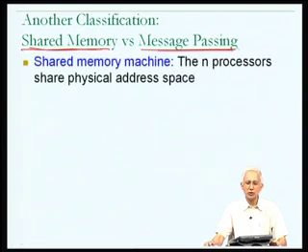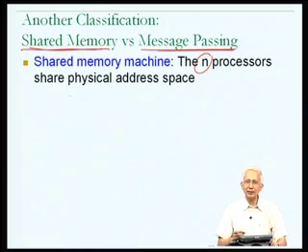So I could talk about shared memory parallel computers or shared memory machines, and the characteristic of a shared memory machine would be that there is more than one processor, I'll call it n processors, but that all the n processors share a physical address space. In other words, they share memory, and it is through the shared physical address space that the processes which run on the n processors can communicate and work towards their common objective.